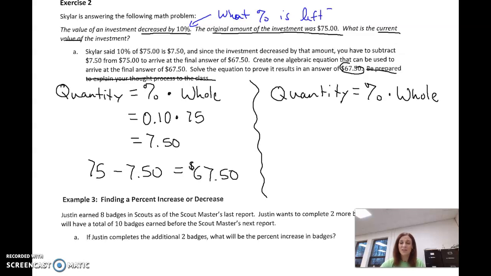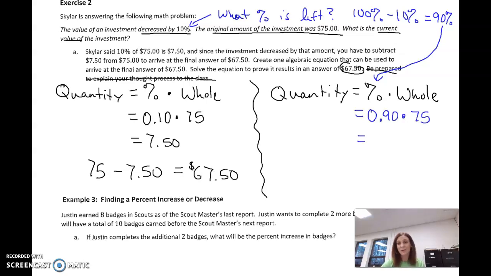Meaning, how much of the investment is left? Well, if you go 100%, because remember the whole is 100, minus 10%, that equals 90%. So we can think of it as what percent is left? 90%. So as a decimal, 0.90 times our whole, that doesn't change, it's still 75. And if you type that into a calculator, guess what? You get $67.50 right away.